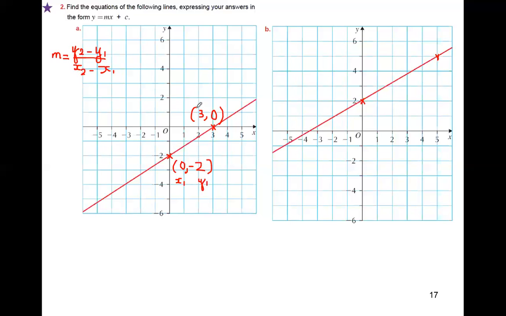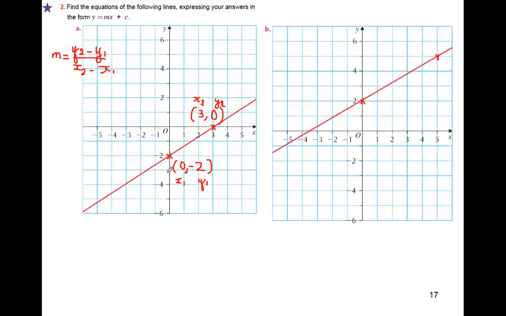Sometimes I'll look which one is positive, which one is negative. So y2 minus y1 means 0 minus minus 2, which becomes 0 plus 2. So 2 divided by x2 minus x1, 3.